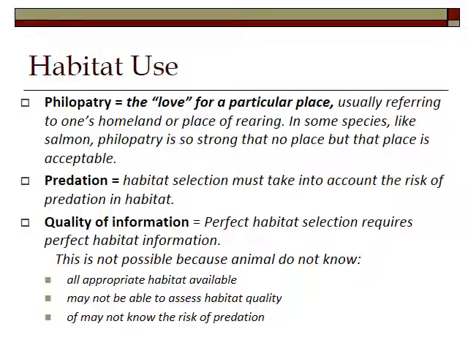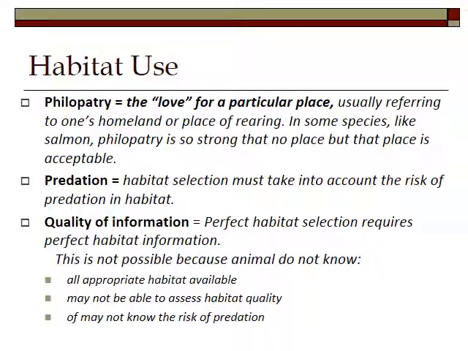And then, as I mentioned before, one of the problems with selecting a habitat is that no animal has perfect habitat selection because they don't have perfect habitat information. So the quality of information can vary. Some animals actually spend quite a bit of time roaming outside of their habitat to make sure that they have all the resources available in their region. Others really settle into one home range and stick with it.